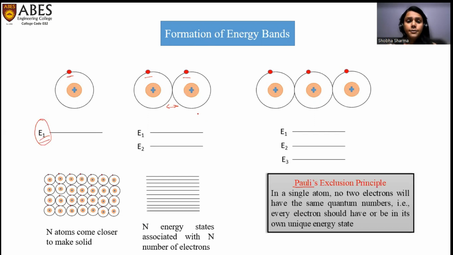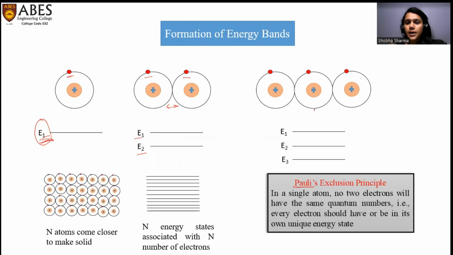That means if we make a system in which two atoms are very close to each other, then these two electrons will not have the same energy states. This energy state E1 will split into two energy states, E1 and E2, which will accommodate these two different electrons, 1 and 2.